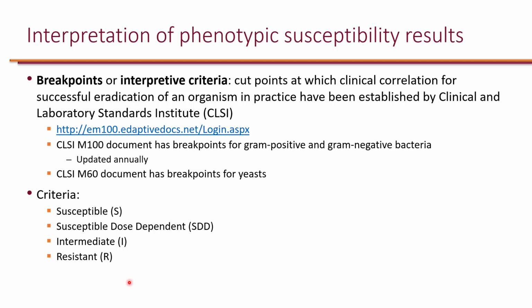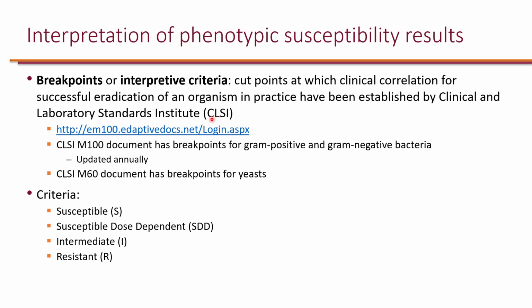So in order to interpret those MICs and see if it's feasible to use that antibiotic, there are criteria. Just knowing the MIC doesn't really tell you whether you can use it or not until you interpret it. And the way we interpret it is that we use CLSI, the organization that gives us the interpretive criteria or breakpoints for MICs. And I will show you how to navigate this document.